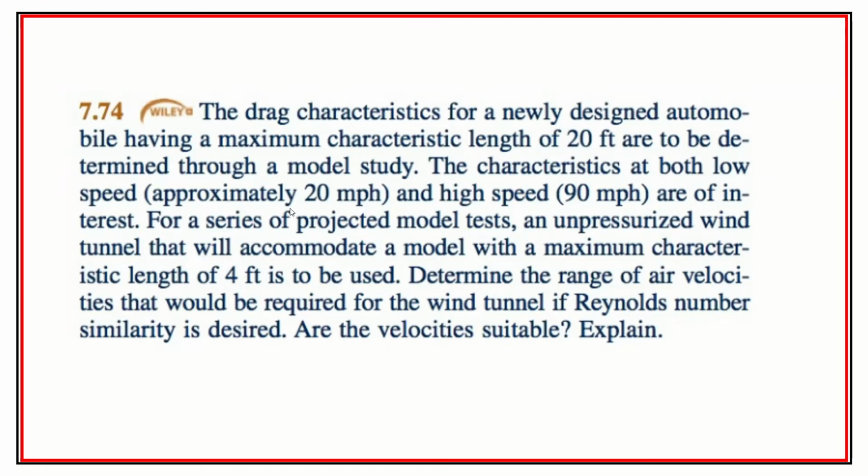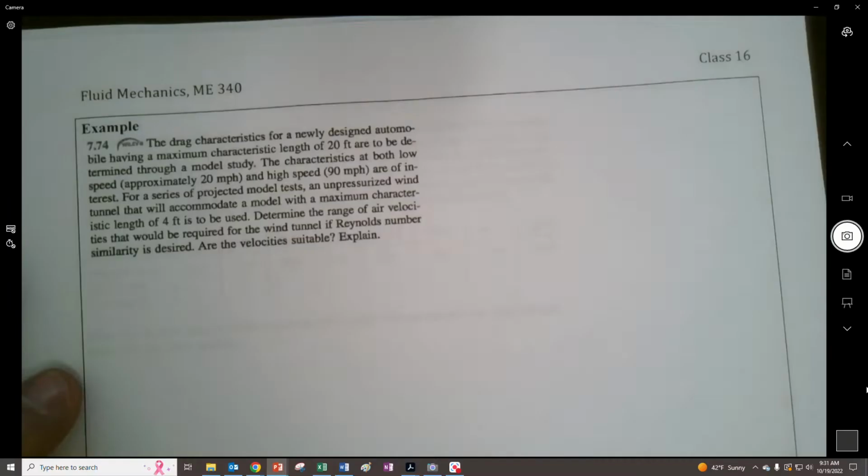For a series of projected model tests, an unpressurized wind tunnel that will accommodate a model with a maximum characteristic length of 4 feet is to be used. Determine the range of air velocities that would be required for the wind tunnel if Reynolds number similarity is desired. Are these velocities suitable?